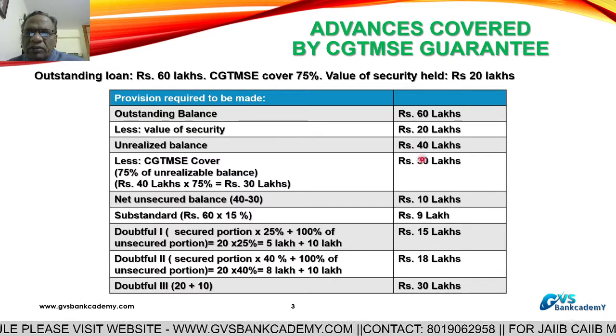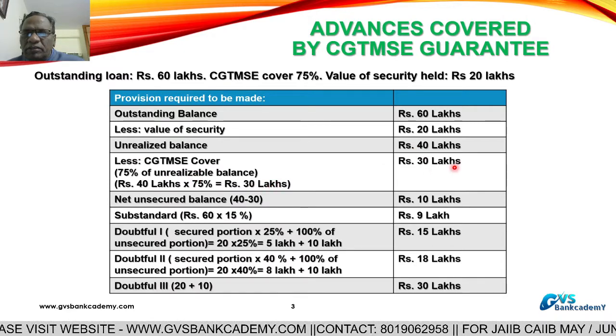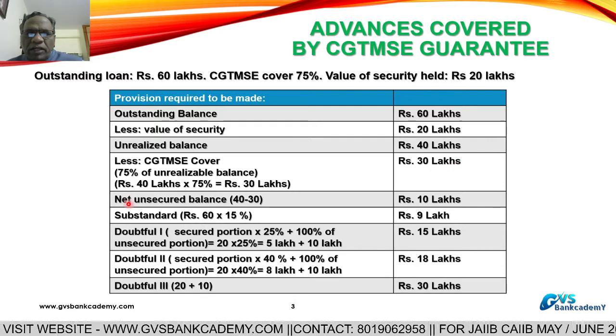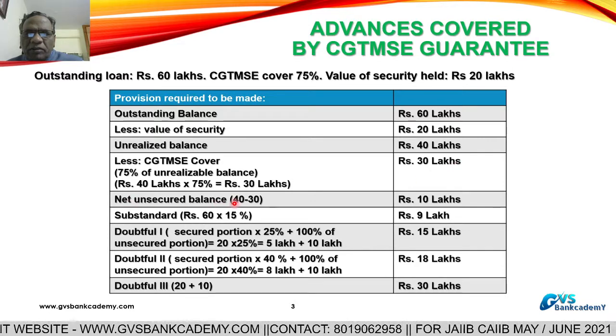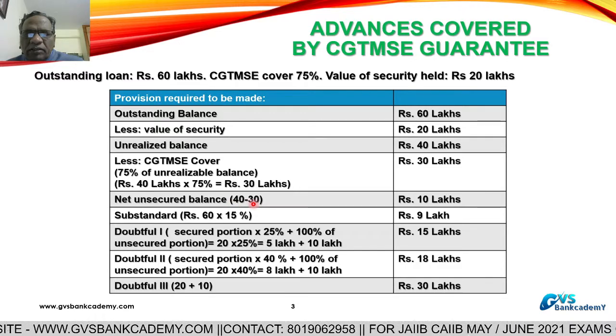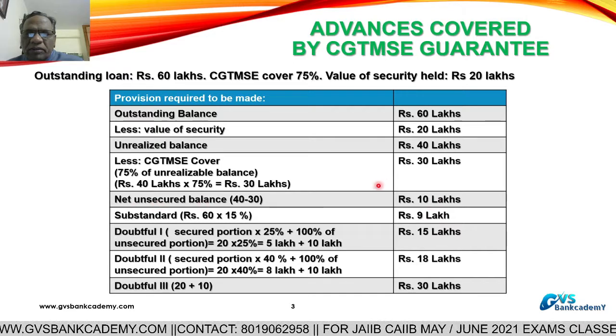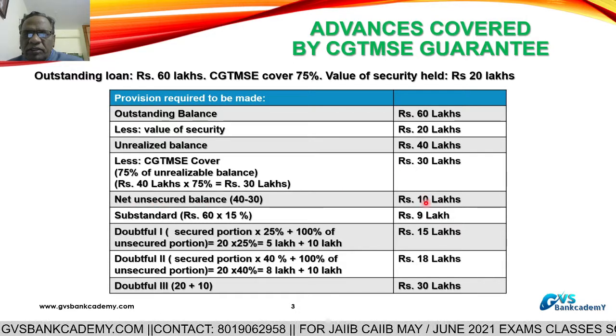Then the net unrealizable balance is 40 lakhs minus 30 lakhs cover, so 10 lakhs is the net unsecured balance after CGTMSE cover.